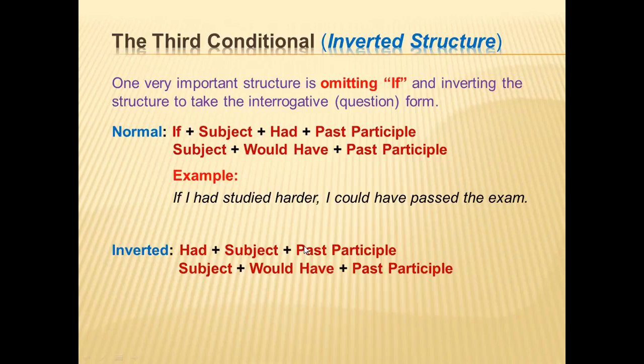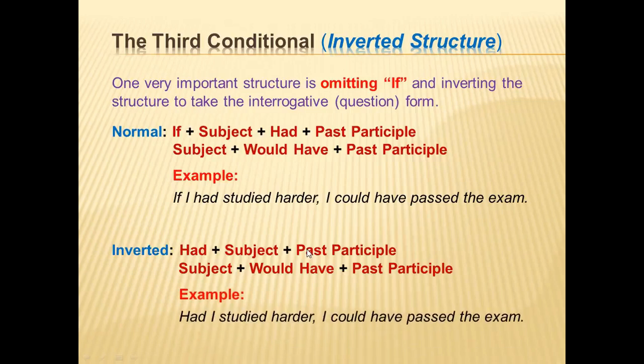If you want to make this clear, you can go to YouTube and search for past participle and study it, and then come back to study this again. It will be clearer if you don't know about the past participle. One more example: had I studied harder, I could have passed the exam.